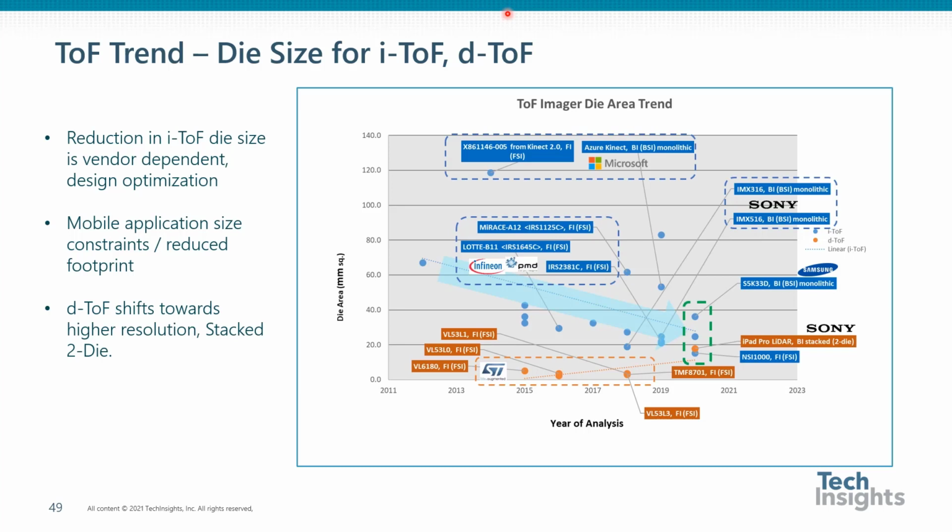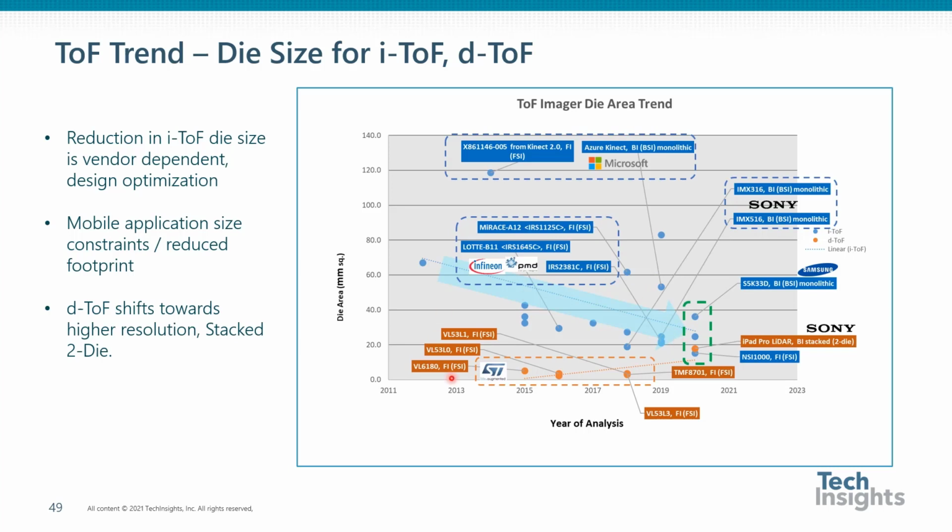For Microsoft, for instance, there has been a significant decrease in die size. Infineon PMD had a small die size in 2016, but then they've produced a larger die as well as an equivalent size die.